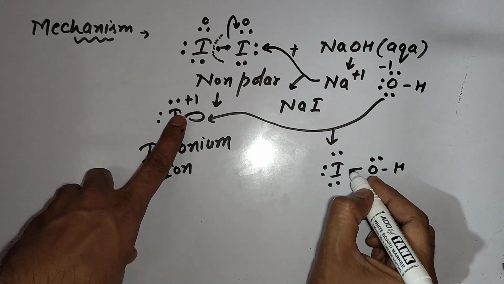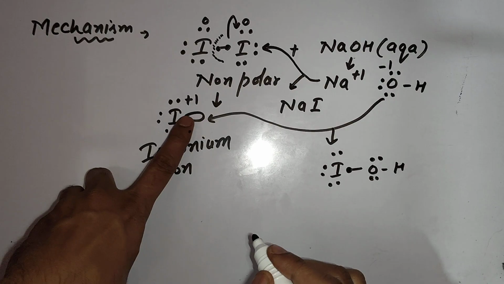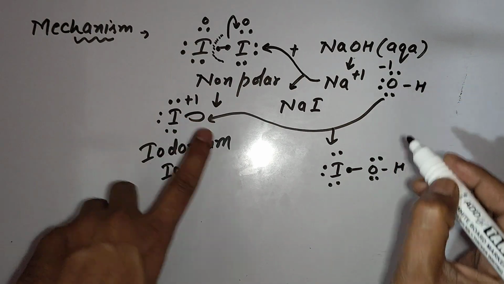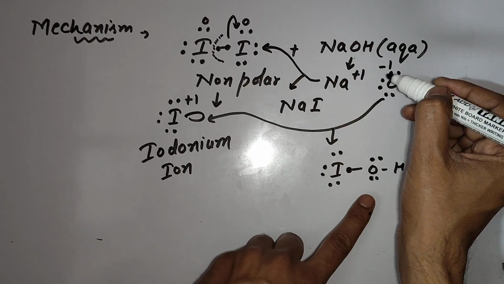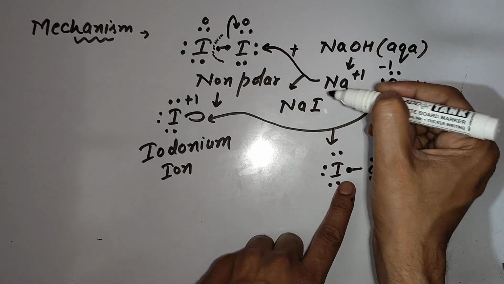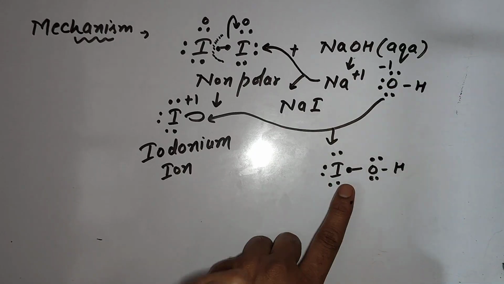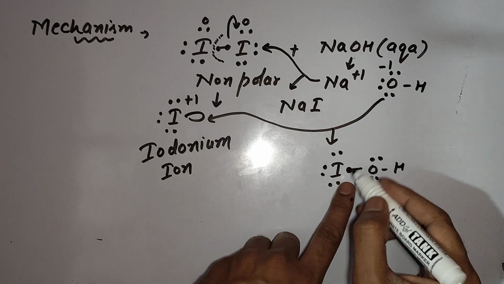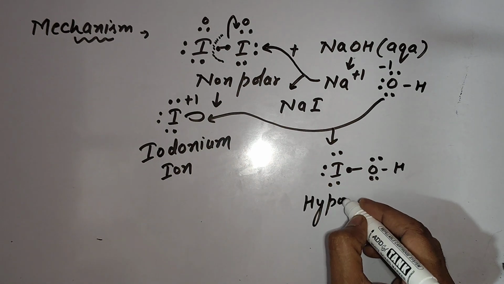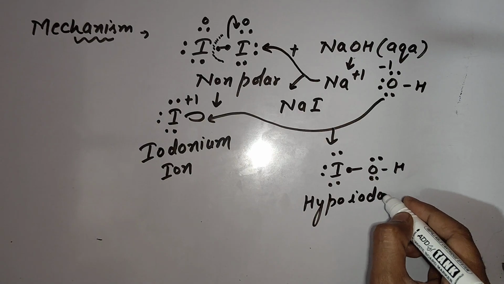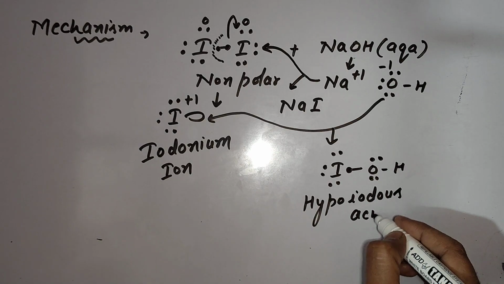Because iodine got 1 extra electron in its vacant orbital from the oxygen side, its positive charge will finish, and oxygen has delivered 1 extra electron to iodine, that's why its negative charge will release. So this type of molecule will generate, which is known as hypoiodous acid.